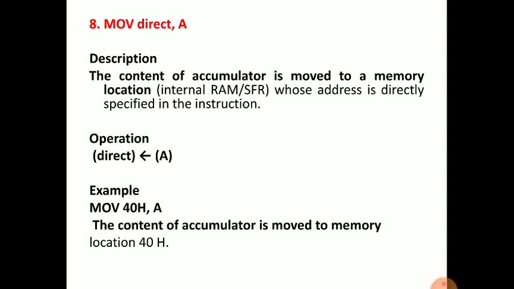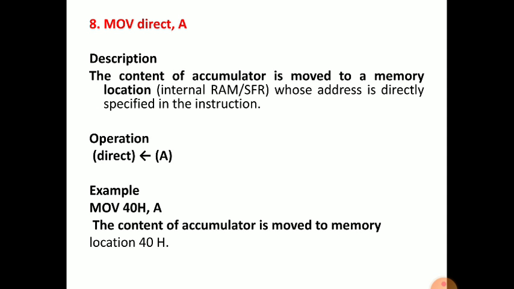It is not possible to copy the contents of the accumulator into that. The data is a direct supply of content and does not have any address, so we cannot use data as a destination, but we can use direct, that is the address, as a destination in the data transfer instructions.